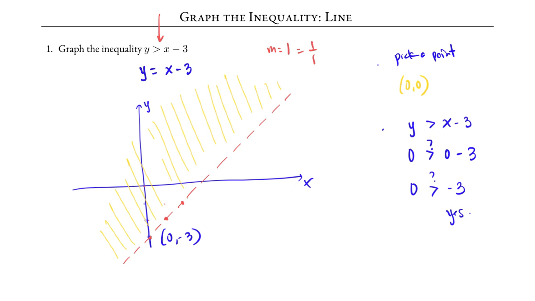And this is the reason why we shade the upper part of this line. And again, if it is a strict inequality, we would need to use a dashed line instead of a solid line. But to graph the inequality, we must shade the appropriate region.